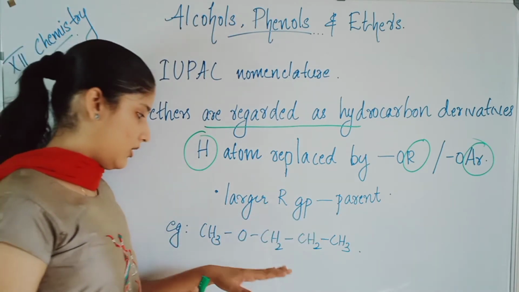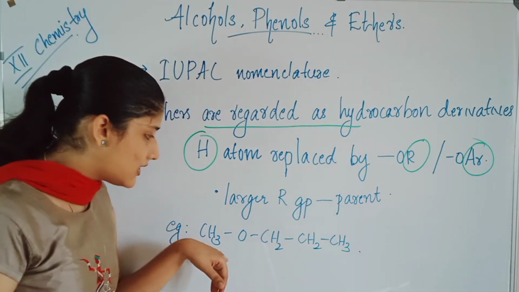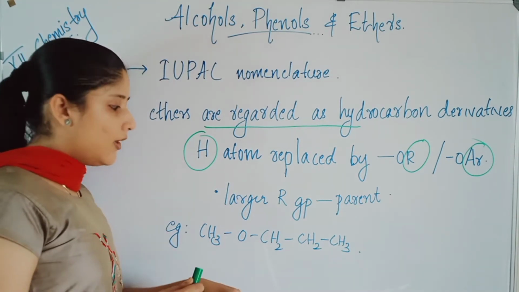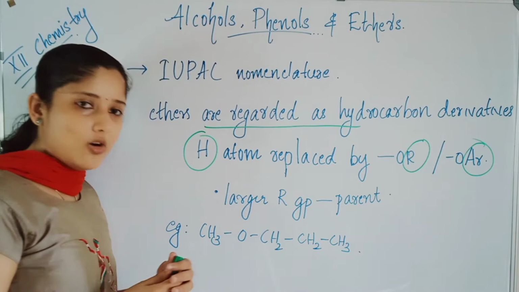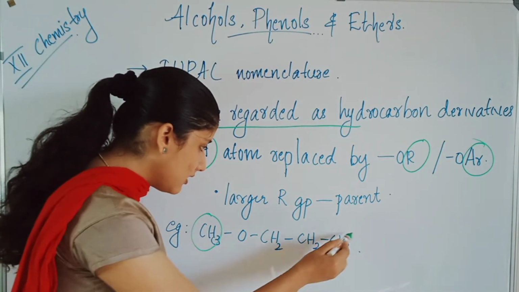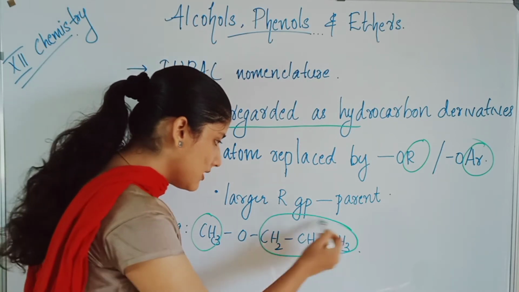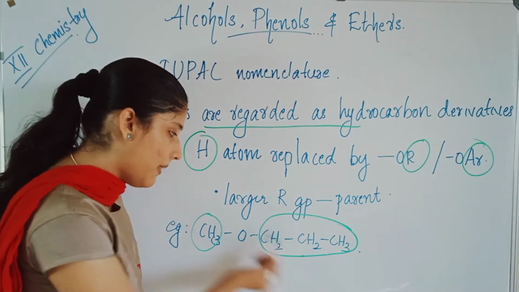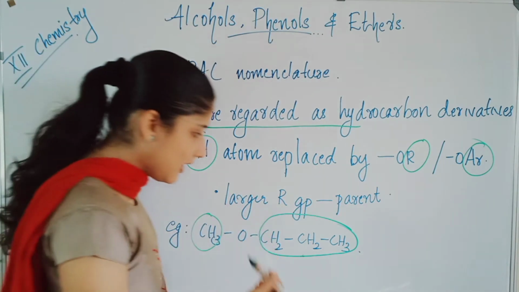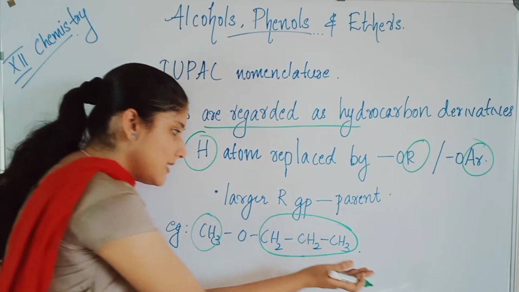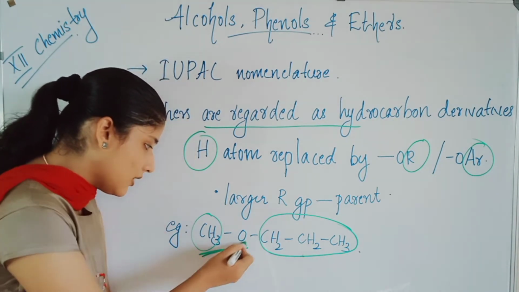Okay, let us look by naming one. CH3O CH2 CH2 CH3. How we will name? First find the parent or the largest R group. Which is the largest alkyl group? These are the two alkyl groups, isn't it? This is the largest alkyl group. This is the parent. So first we will write what is the substituent, then the parent. If this is the parent, then this is the substituent.